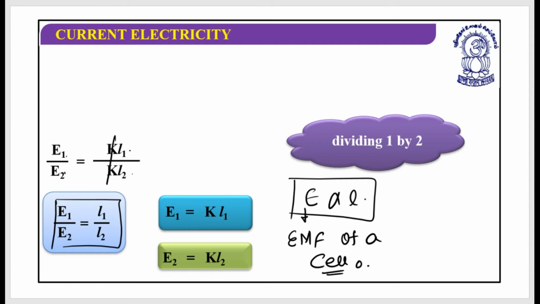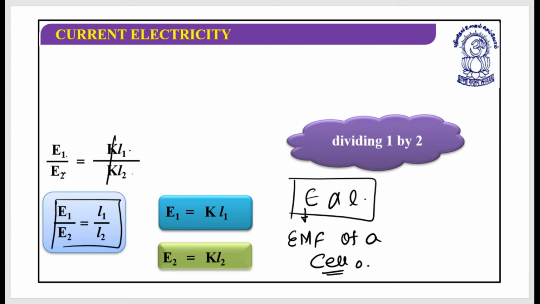A voltmeter is also there, but it cannot measure EMF. It always measures terminal voltage or potential difference. This is the capability of a potentiometer, that it can measure the EMF of a cell. So if we have both a potentiometer and a voltmeter, we are going to prefer the potentiometer.